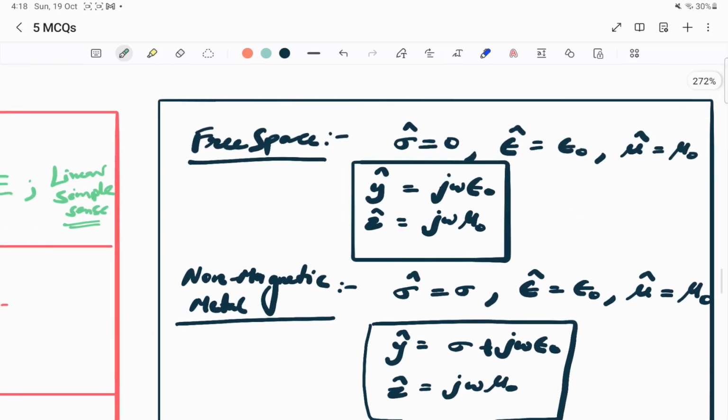Now if you see here, for free space, sigma cap is 0, epsilon cap becomes epsilon naught, which is the free space permittivity, and mu cap becomes mu naught, which is the free space permeability. That is why the admittivity becomes sigma cap plus j omega epsilon cap and the impedivity becomes j omega mu cap.